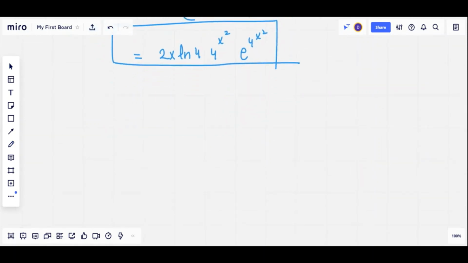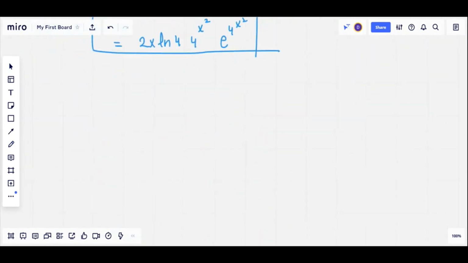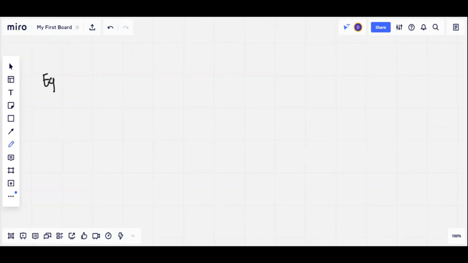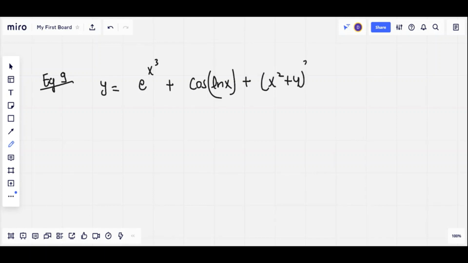Let's talk about the last one, which will be example 9. This is actually an accumulation of all the terms. So we have y as e raised to the power x cube plus cos of natural log of x plus x square plus 4 whole cube plus natural log of 4x square plus 7.